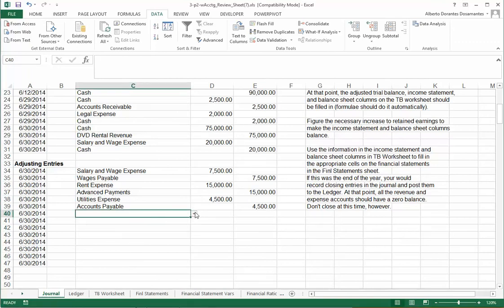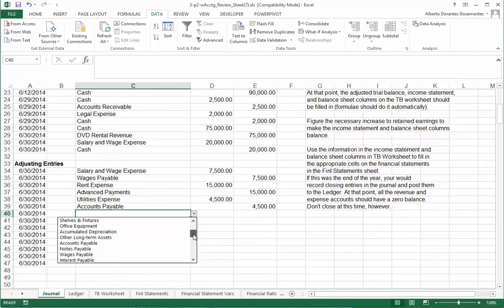We select an expense account, because expense accounts are like asset accounts: they increase when you debit. Then we select interest expenses, because we have to recognize that expense, even though we are not paying the interest, because it is mentioned in the case that the interest and principal are going to be paid at the end of the 3 years of the loan.